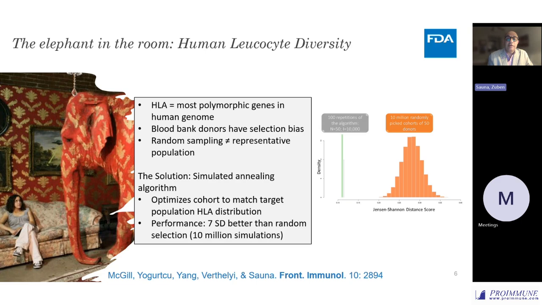And what this graph shows you is that you have 10 million randomly selected donors, and they are still quite far apart from the desired population. On the other hand, if you select just 50 donors using this algorithm, you can get an almost 7 standard deviation better selection than using random selections alone.